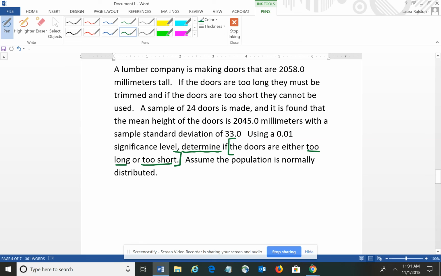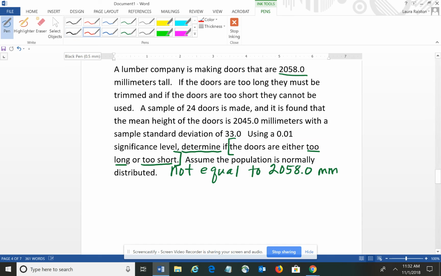So we're basically trying to say that in a sense they are not equal to the required 2,058 millimeters. The doors are supposed to be 2,058 millimeters tall, but there's the option they could be too long or too short, so they're not equal to the requirement.